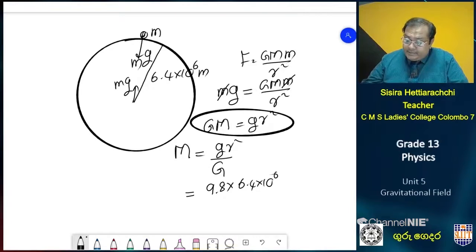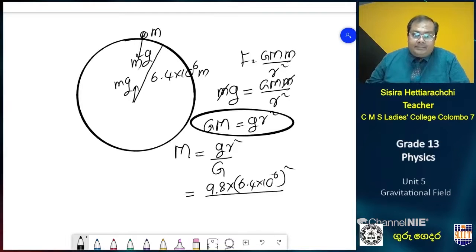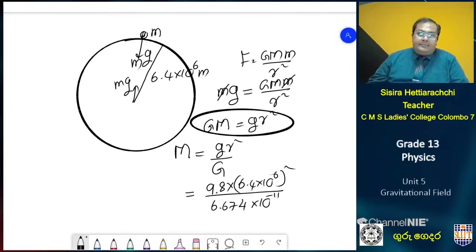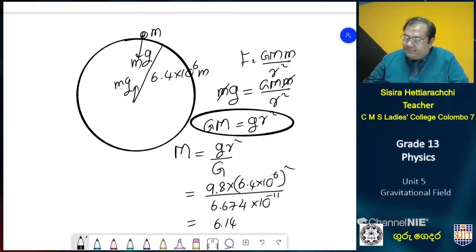That square you have to take, don't forget that, divided by G, 6.674 times 10 to the power minus 11. You can simplify this, right? It's homework. I'll give you its value, 6.14 times 10 to the power 24 kilograms. This is the mass of the earth, right?